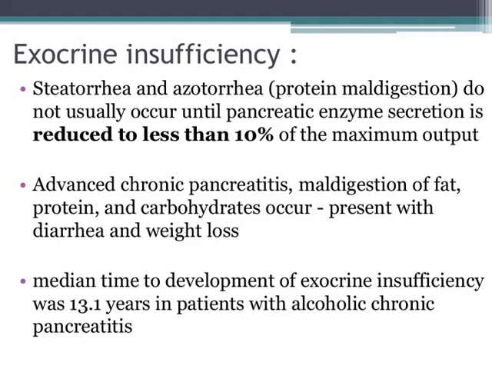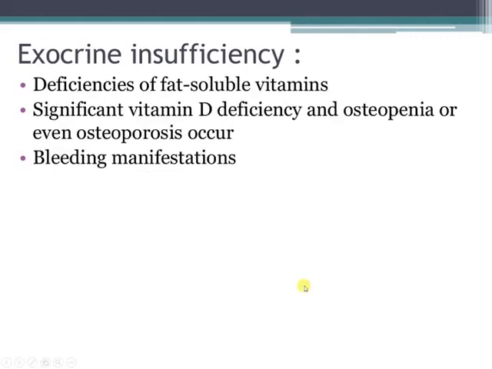Median time to develop exocrine insufficiency was 13 years in patients with alcoholic chronic pancreatitis. With exocrine insufficiency, deficiency of fat-soluble vitamins, significant vitamin D deficiency and osteopenia or even osteoporosis occur, as well as bleeding manifestations.